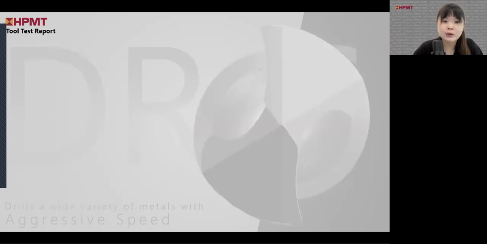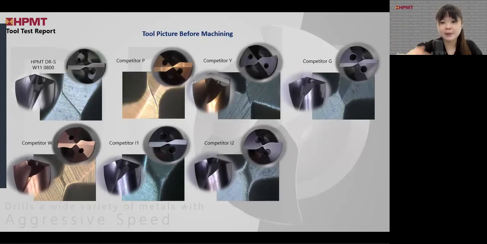I would like you to know, this is the picture of the tools before we perform the machining process. As you can see, every single tool has its own unique features. So what happens when we use all these tools and drill on the NAK80?